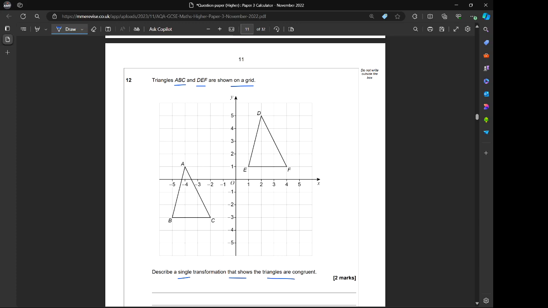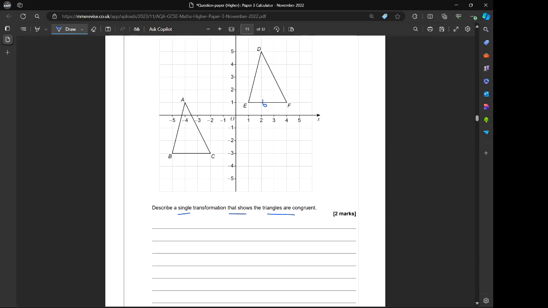Congruent means same size and same shape. So it is going to be a translation. We're going to go 1, 2, 3, 4, 5, 6, so 6 across and 4 up. So it's a translation. Well done, Callie, spot on.